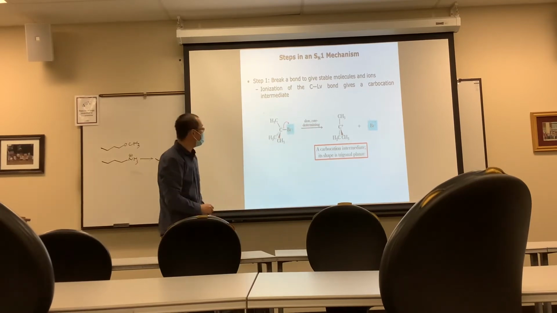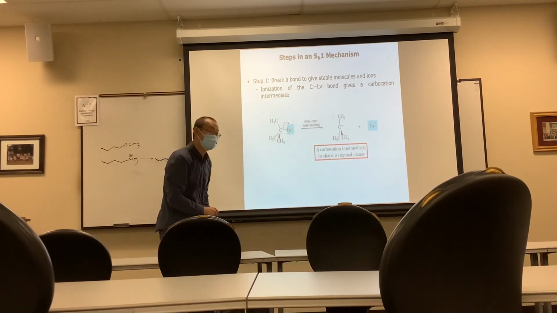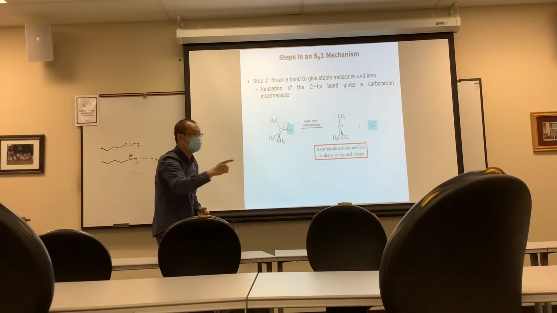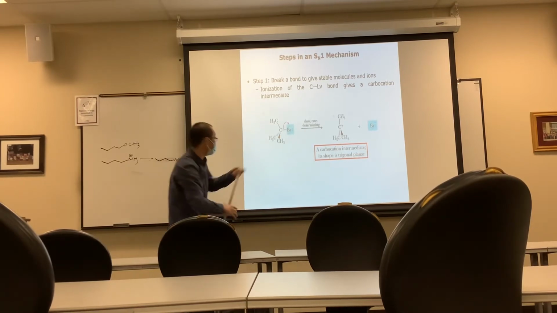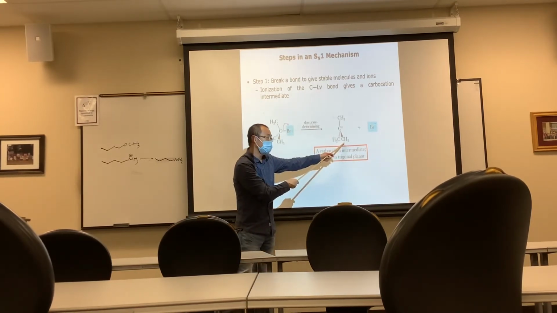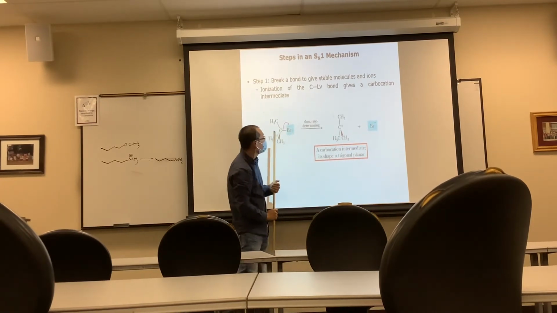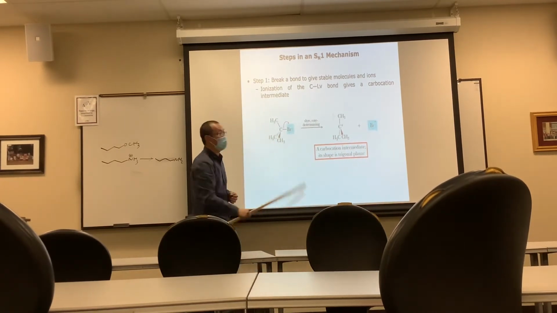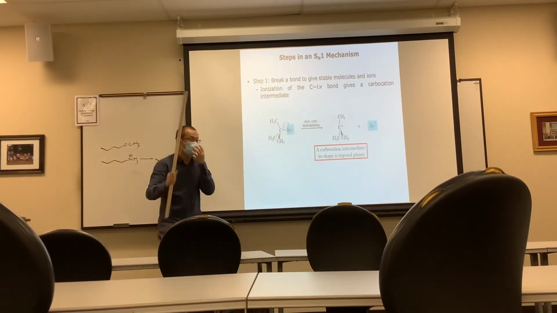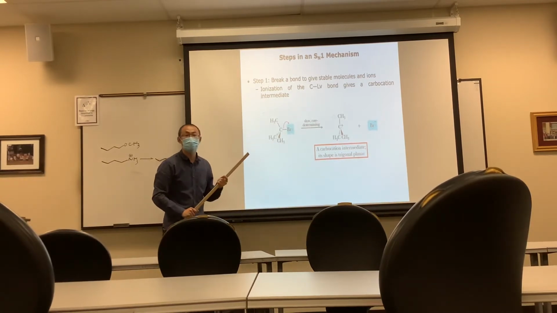This is called a carbocation intermediate because that's what we got from the first step, not a transition state. You have this after the first step. Of course, Br was a Br minus. And this step is the slow step. The slow step means this step is the rate determining step.